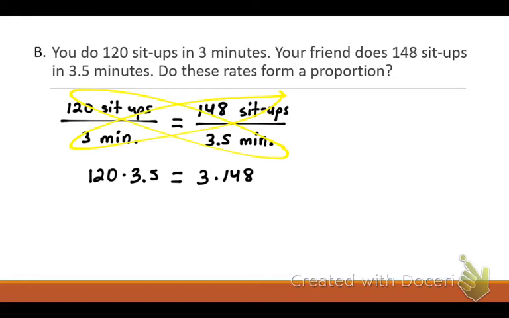Good job. What is 120 times 3.5? It's 420. And on the right side, what is 3 times 148? 444. Do those equal each other? No, so the answer is no, they do not form a proportion.